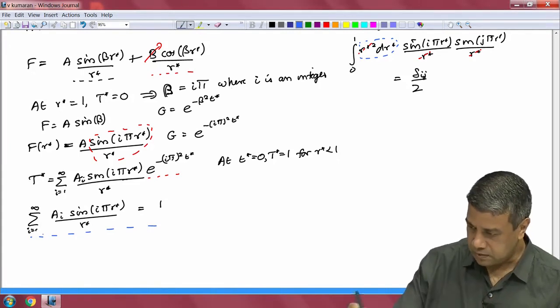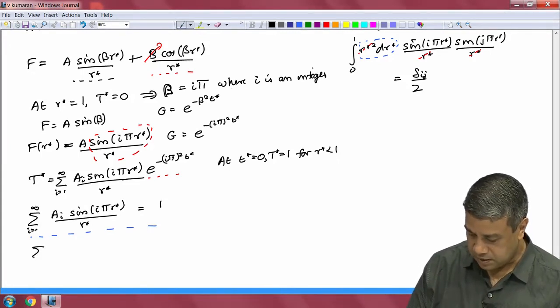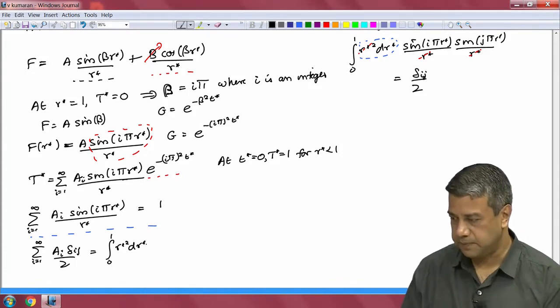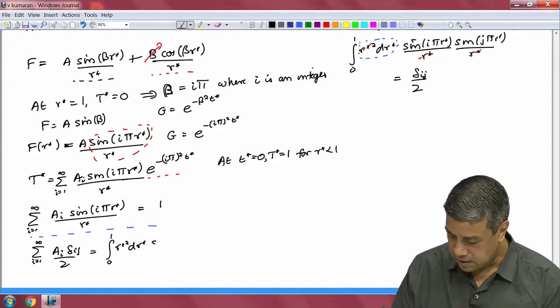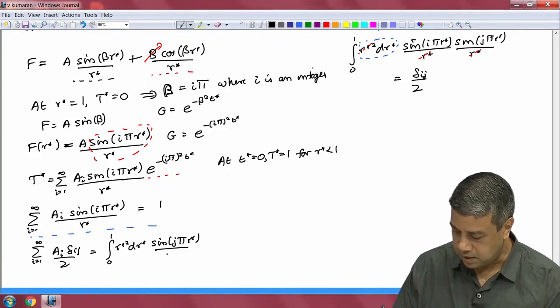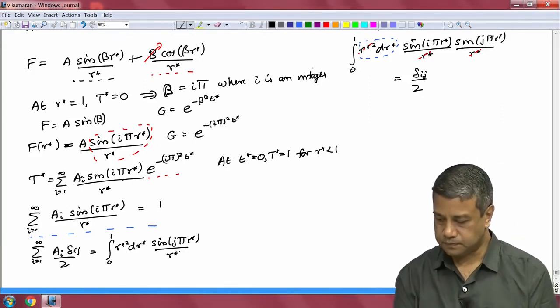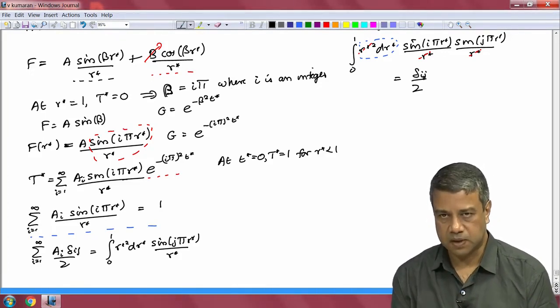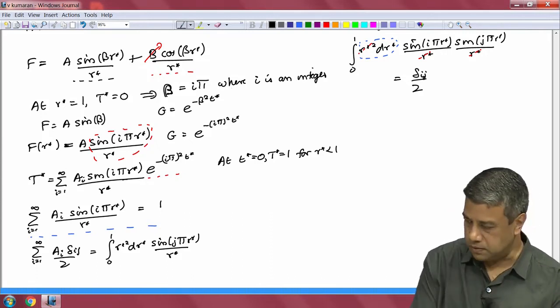So, this is equal to sigma i is equal to 1 to infinity. The integral in this case just becomes A_i delta_ij by 2, which has to be equal to the integral 0 to 1 R square dr times sine of j pi R by R. On the right side, multiplied by 1, of course, because the right side is just equal to 1.